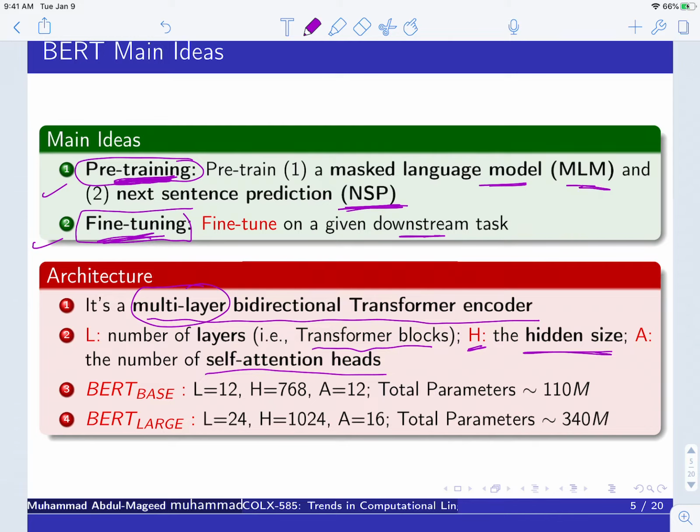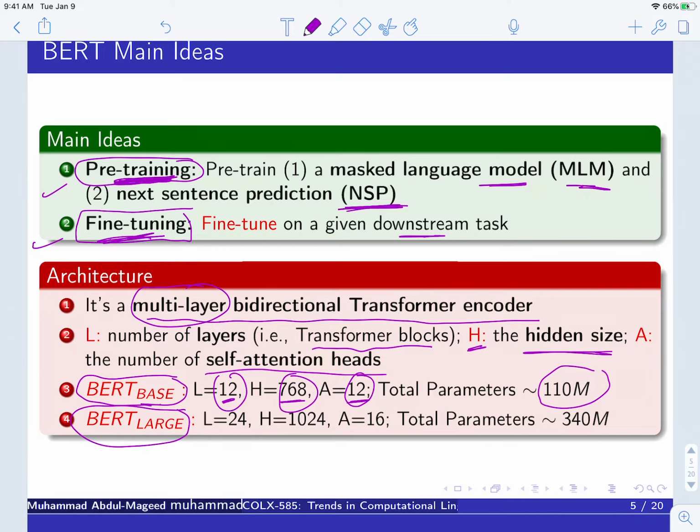They trained two BERT models, a smaller one they call BERT base, and a bigger one that's BERT large. The smaller one has 12 layers, the hidden size is 768, and it has 12 attention heads. If you multiply these together, you will get roughly 110 million parameters.